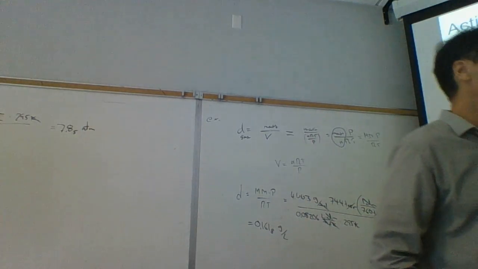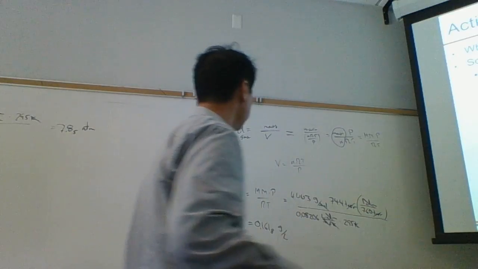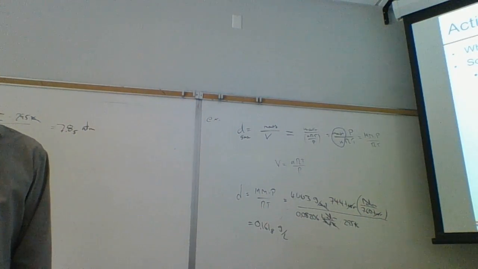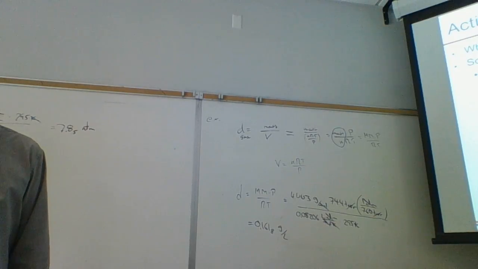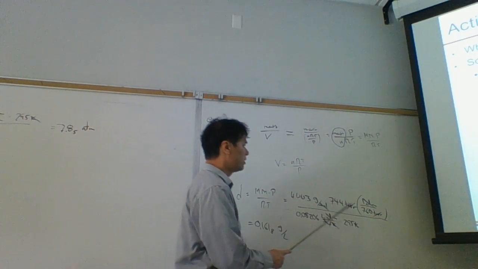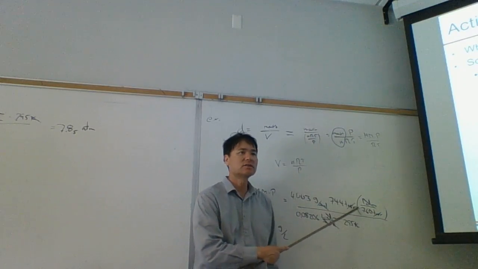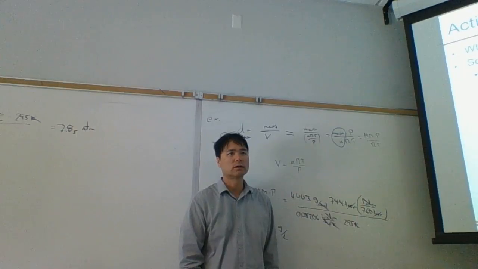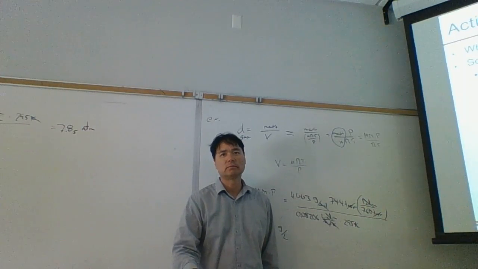Where did 62.4 come from? Try 127.4 divided by 760, that might be it. No, 744 divided by 760 is going to come less than 1. Yeah, that's 62.4. Do you know where that came from?